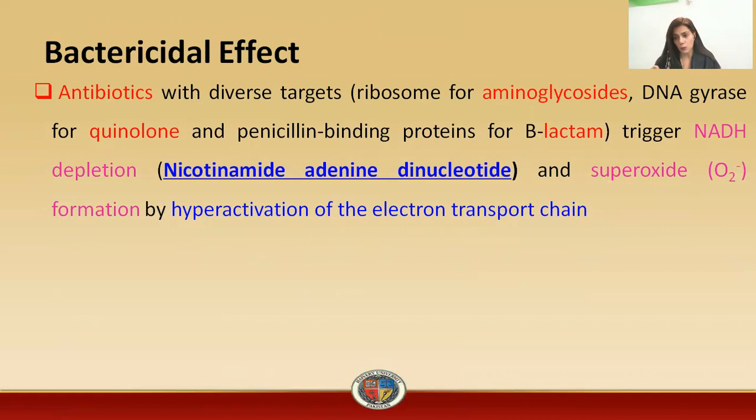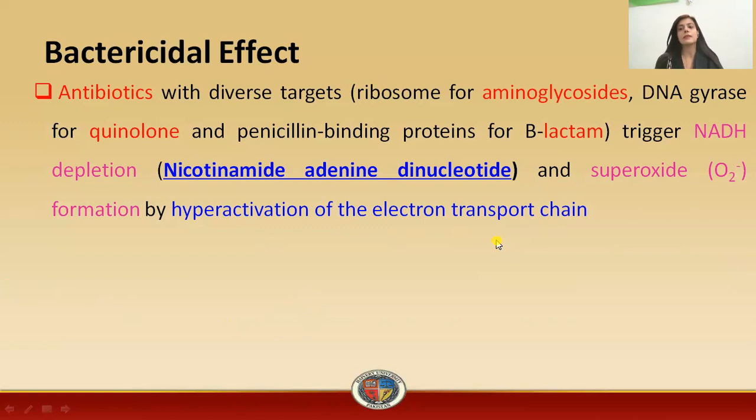So you can conclude that these antibiotics, for example, the aminoglycosides or protein synthesis inhibitors, the cell wall synthesis inhibitors including the beta lactams, and the fluoroquinolones, which are affecting the DNA, are commonly hyperactivating the electron transport chain.